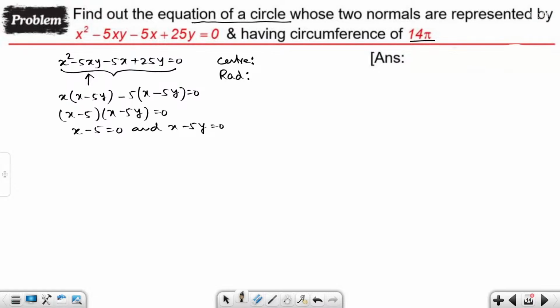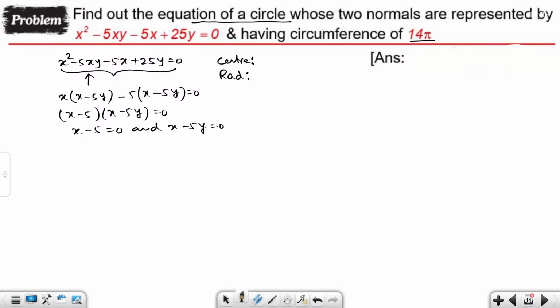Now tell me one thing. Where two normals of a circle intersect, just now I told you that all the normals pass through the center of the circle.